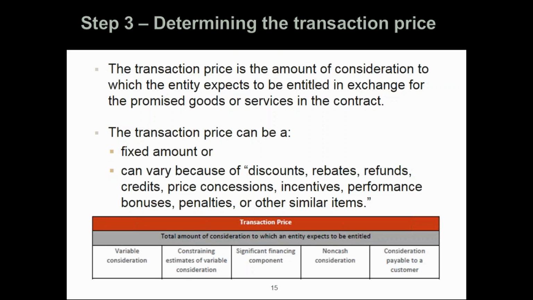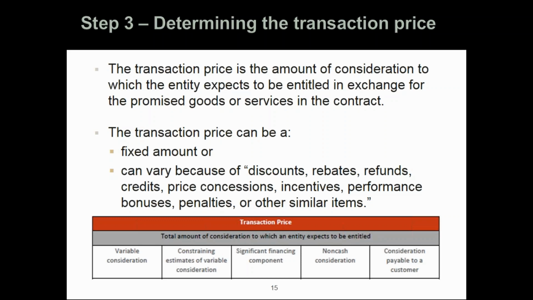At the bottom of this slide, you can see some of the complicating factors in step 3 of the analysis, including variable consideration and constraining estimates of variable consideration. What that means is you can't recognize revenue that you've estimated if it's possible or probable that there may be a future reversal of that revenue.